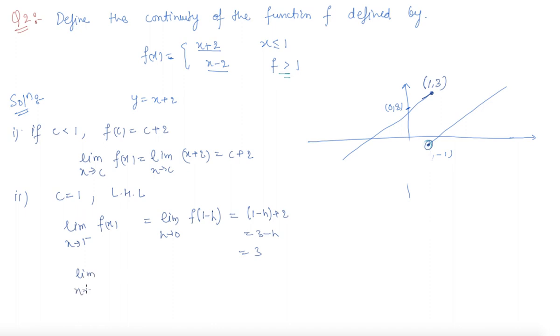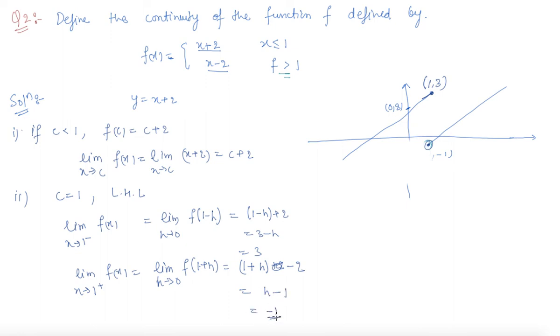The right hand limit, x tends to 1 plus, is the limit as h tends to 0 of f(1 plus h), which is defined as x minus 2, so it is h minus 1, which is minus 1.